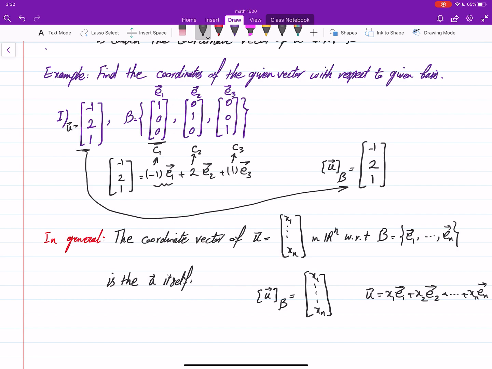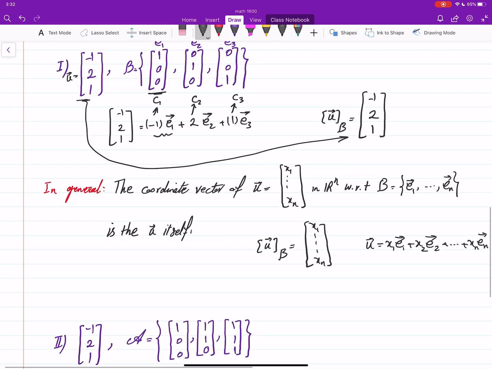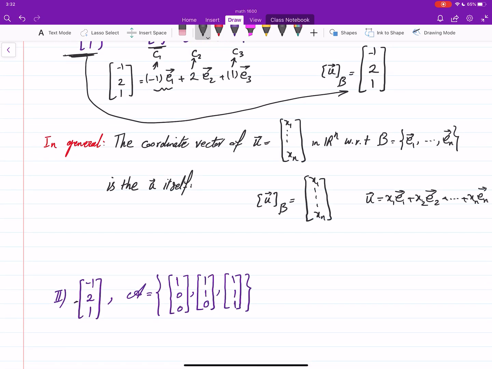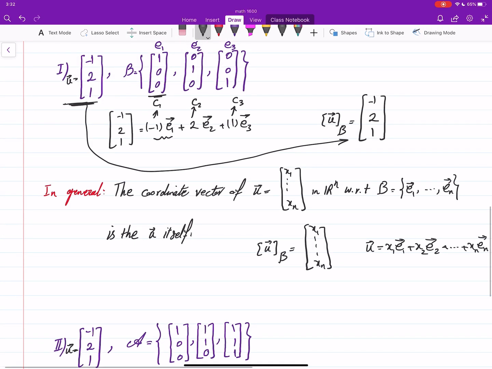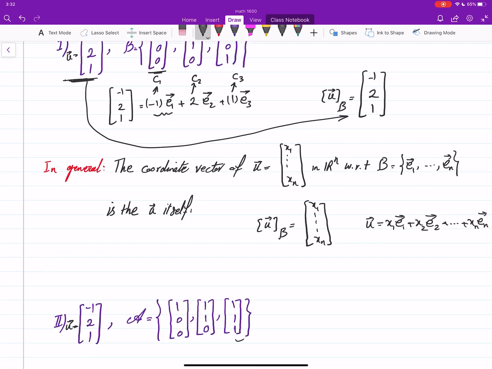If you change the basis, then these coordinate vectors and coordinates will change. I'm having the same u in the second example, but instead of the standard orthogonal vectors, I'm going to use this basis: 1 0 0, 1 1 0, 1 1 1.